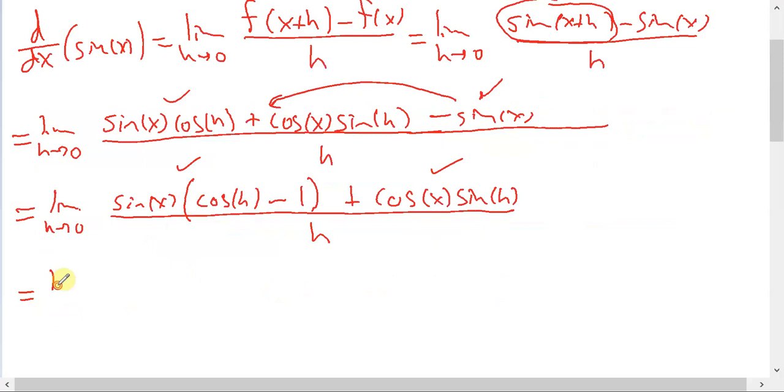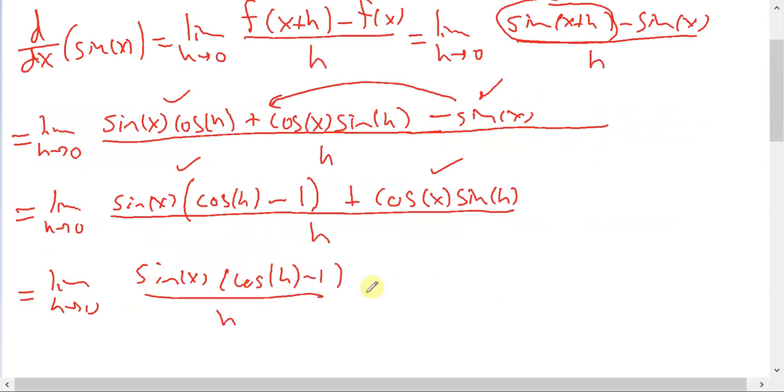So this is the limit as h goes to 0 of sine x times cosine h minus 1, all over h. And I'm going to go ahead and pass the limit to this other one: limit as h goes to 0, and I've got cosine x sine h over h. Hopefully something jumps out at you in both of these terms.